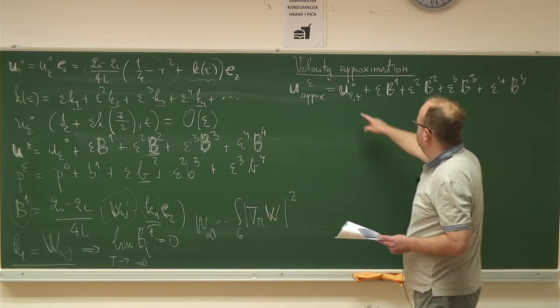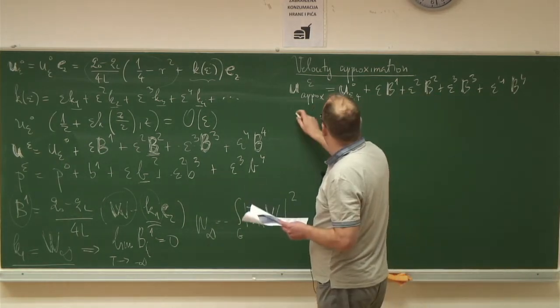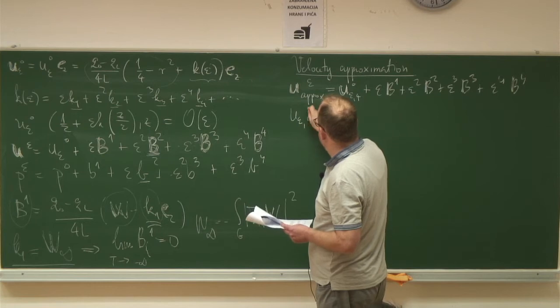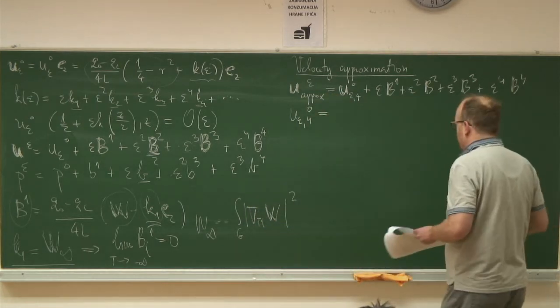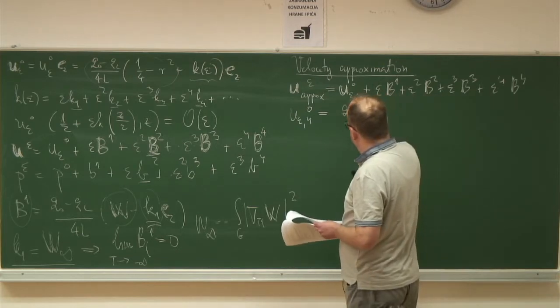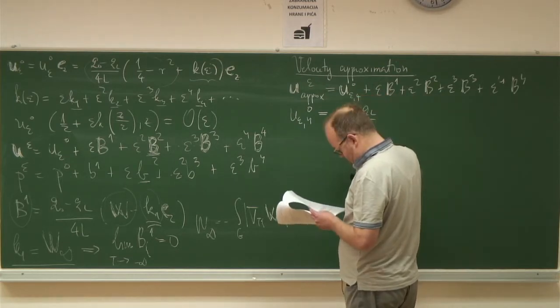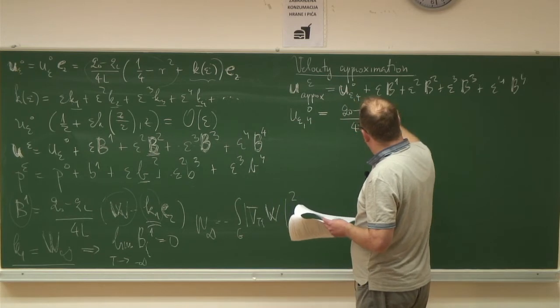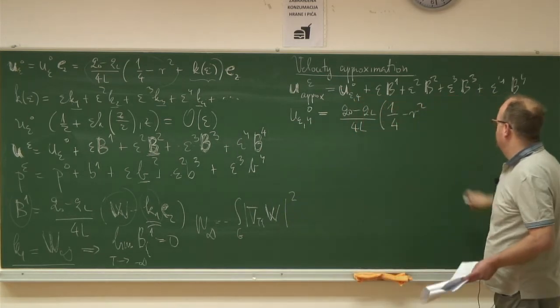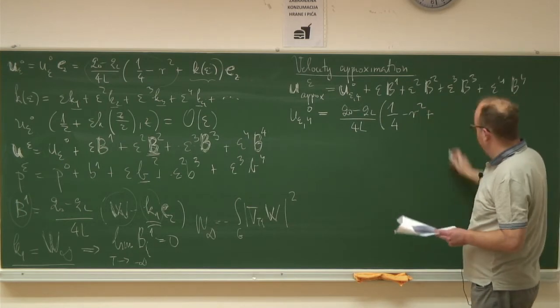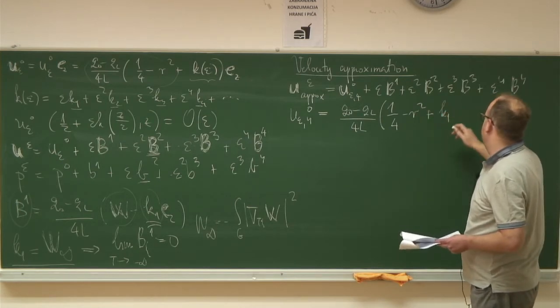Okay, let us write this guy here. This guy here is the Poisson solution corrected by k epsilon.